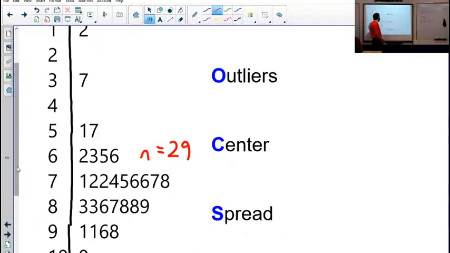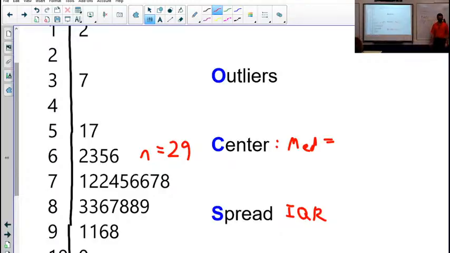Which means if we have a skewed distribution, that means that for center, we're going to use the median. For spread, we're going to use IQR if we have a skewed distribution. So let's take a look at that. Median, what's the median?